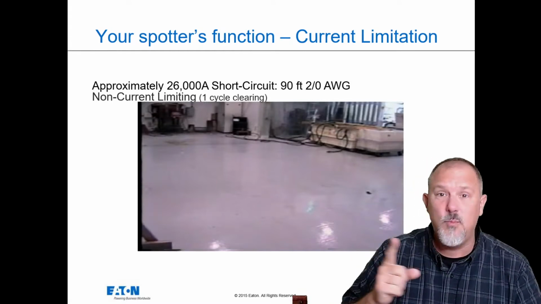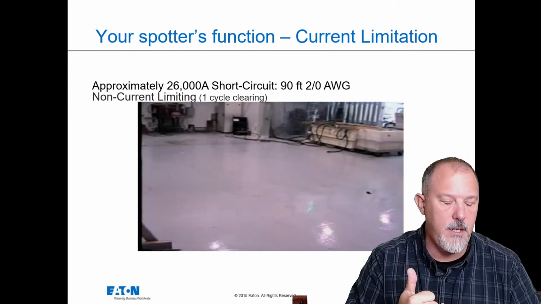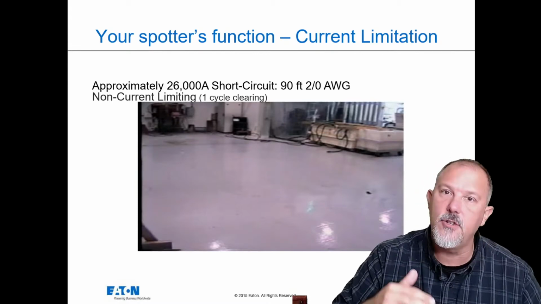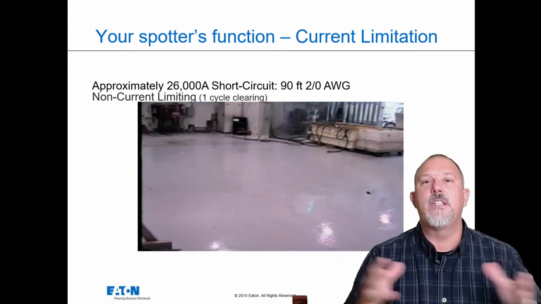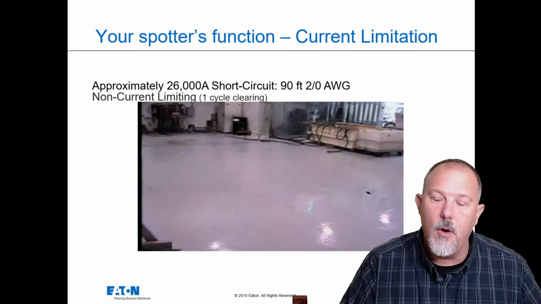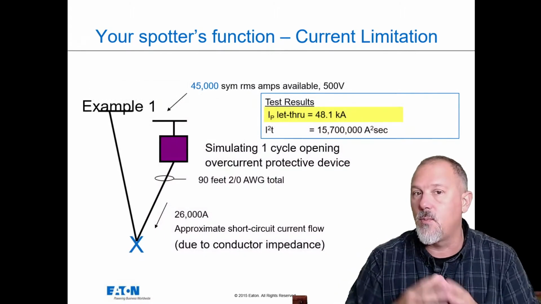Think about it. That's 1 cycle. And most of that force is placed on the conductor in that first half cycle. The heat that is generated is based upon the number of cycles that I let flow. But those magnetic forces we need to plan for, and that's why we brace.